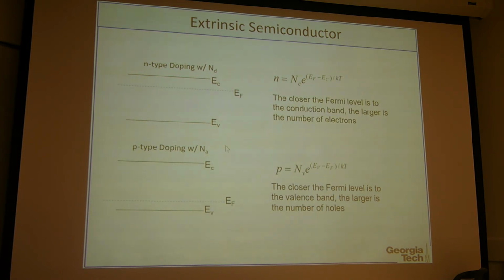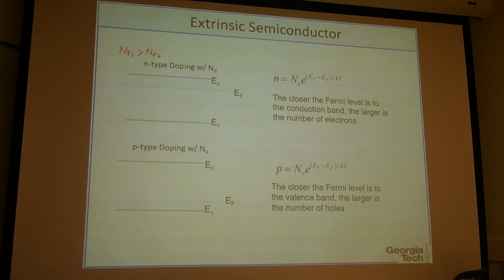And we can have two conditions. For example, you have two doping densities, ND1 and ND2. If ND1 is larger than ND2, then you have two Fermi levels.